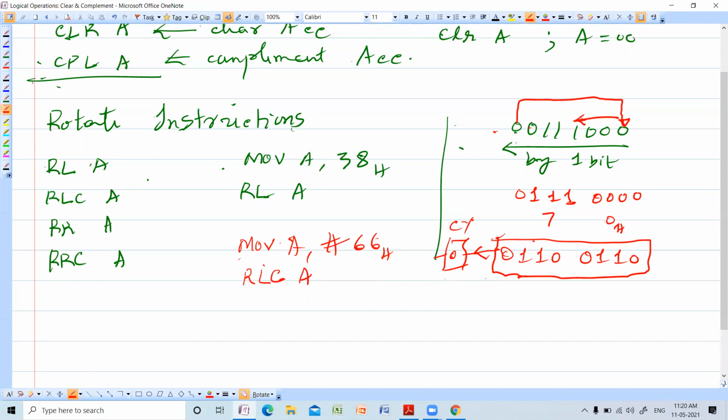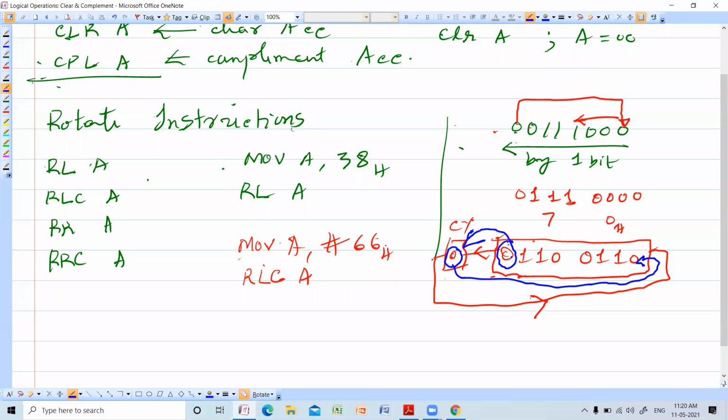Meaning, whatever is there in the MSB will be copied to the carry flag, and whatever is there in the carry flag will be copied to the LSB. This is through carry.